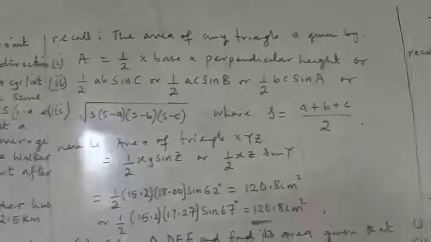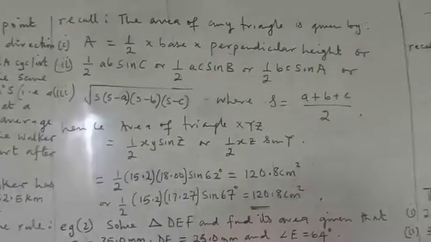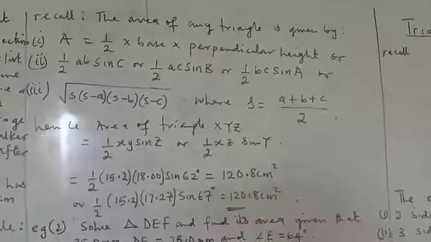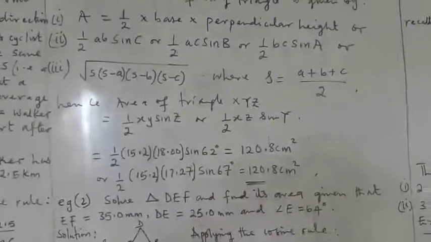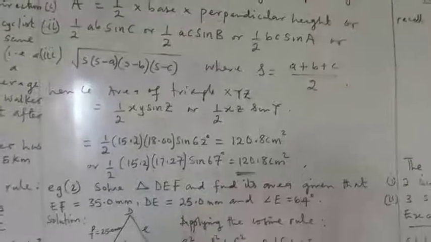Now let's look at the area. Recall the area of a triangle is given by half base times perpendicular height, or half ab sine C, or half ac sine B, or half bc sine A, or using Heron's formula, the area is root of s(s minus a)(s minus b)(s minus c), where s is (a plus b plus c) over 2.